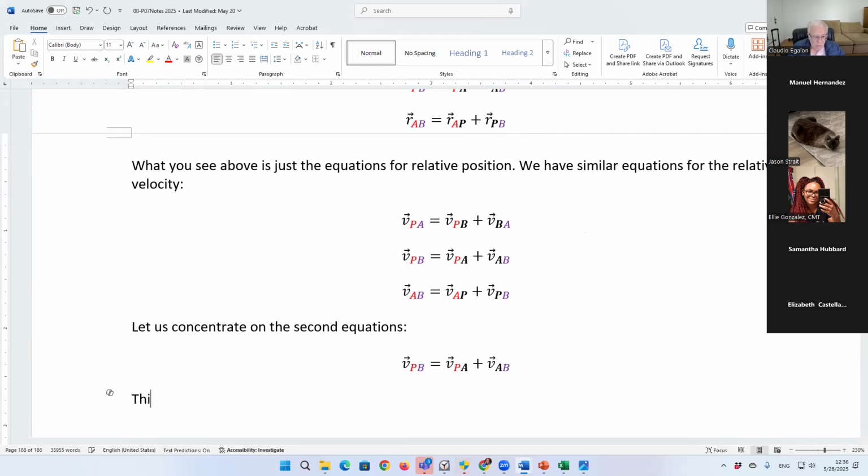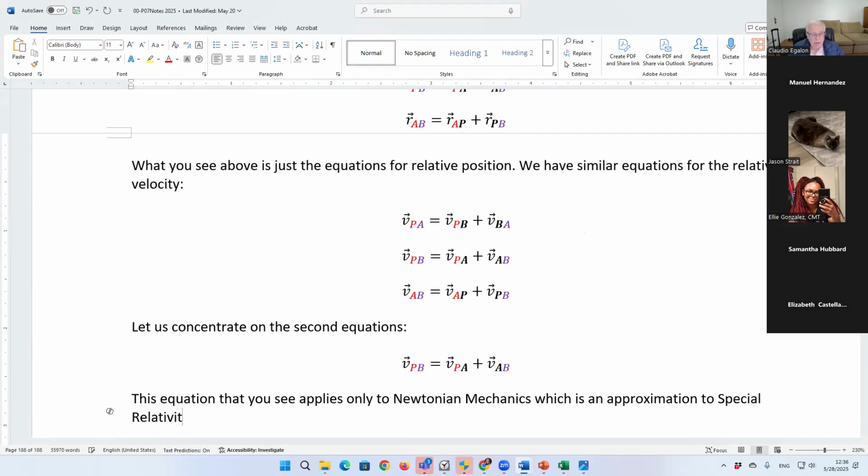This equation that you see applies only to Newtonian mechanics, which is an approximation to special relativity.